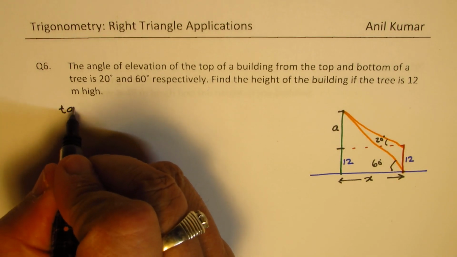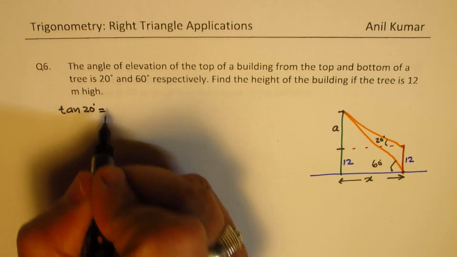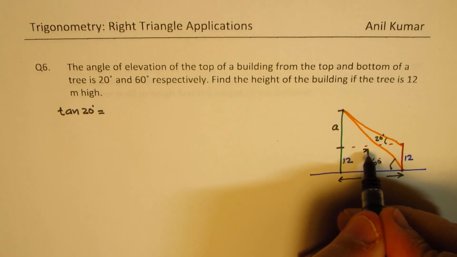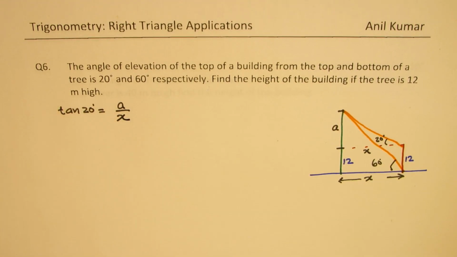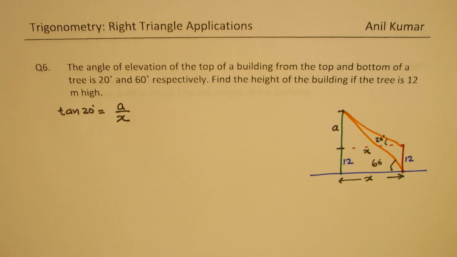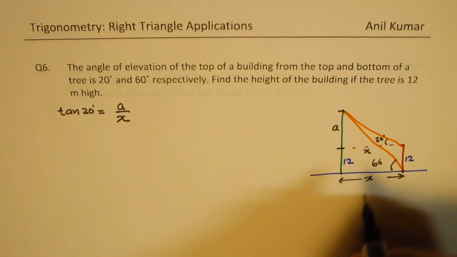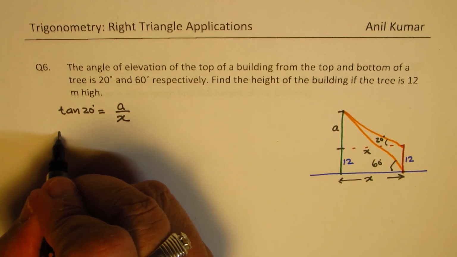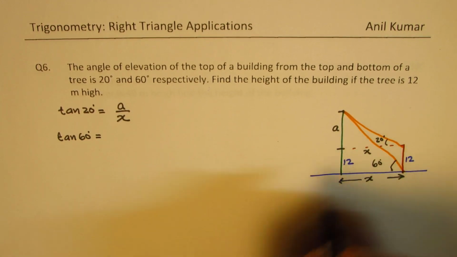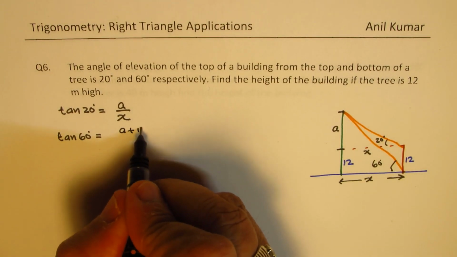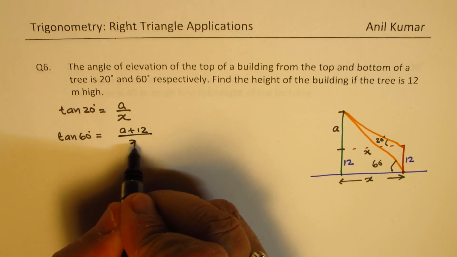So we can say tan of 20 degrees is equal to, this will also be x, right? A over x. And tan of 60 degrees will be A plus 12 over x.